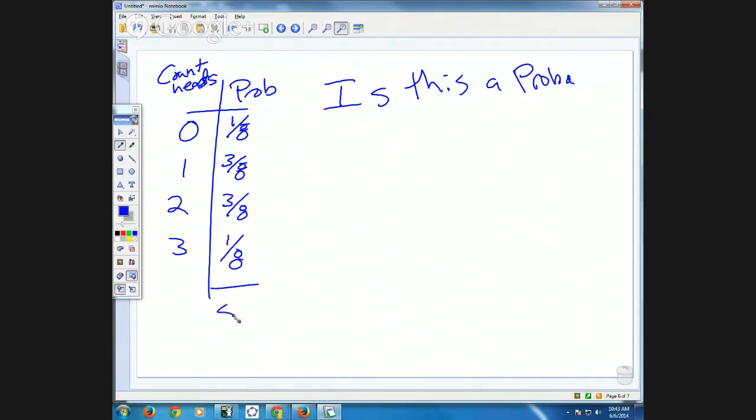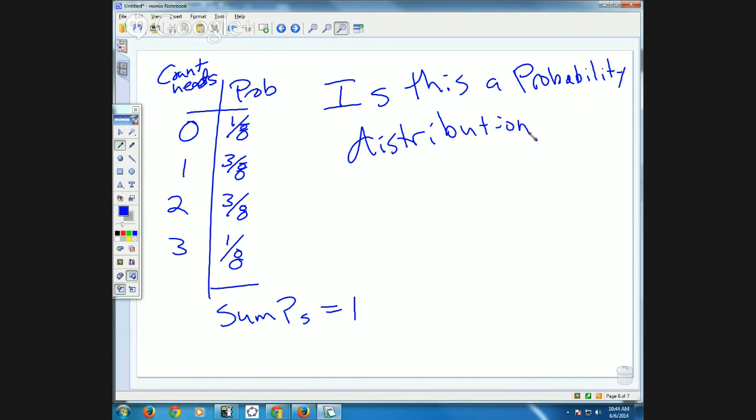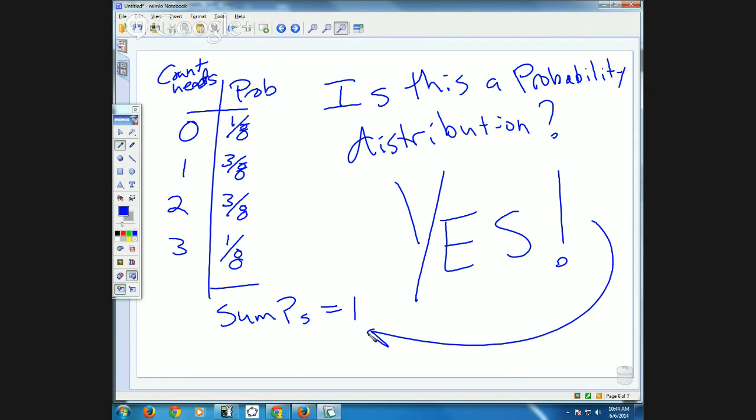The sum of the p's is 1. Is this a probability distribution? And the answer is a big fat yes, because of that.